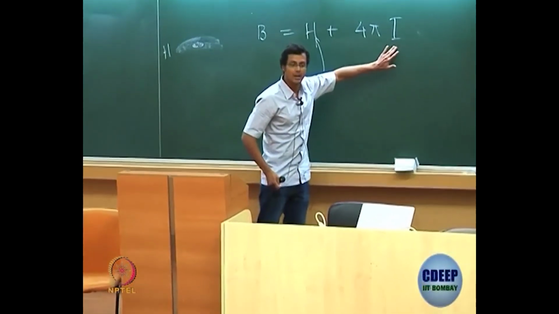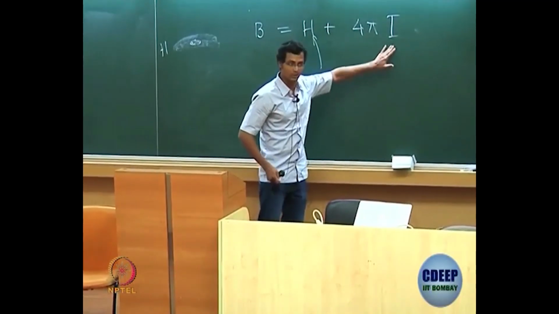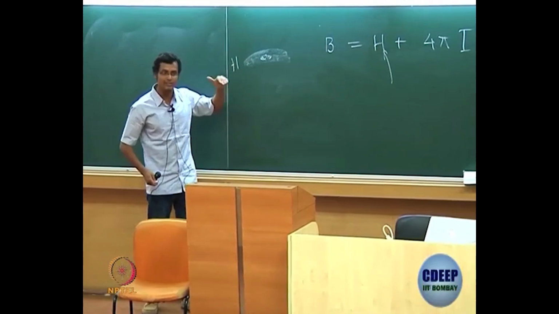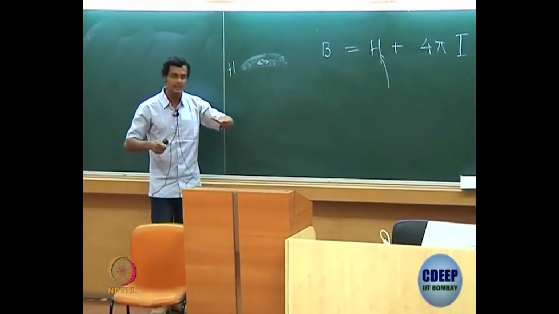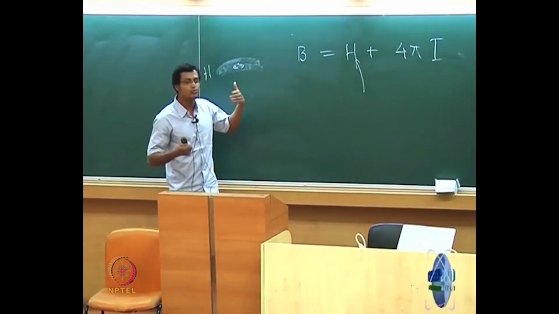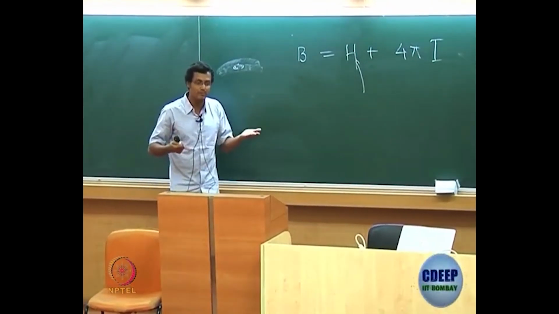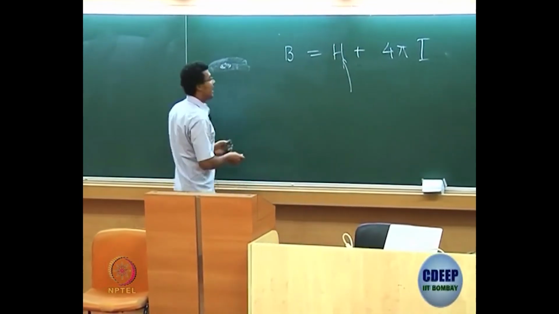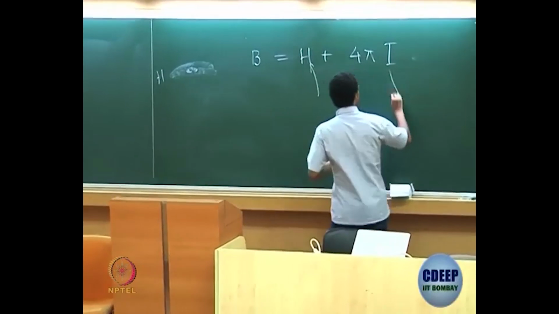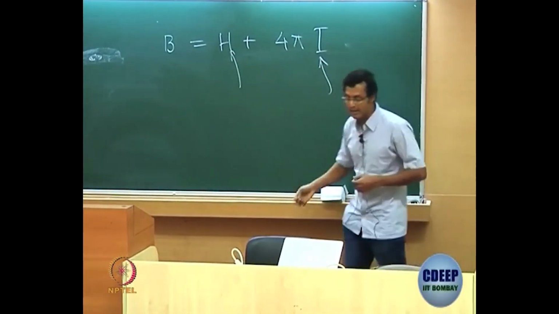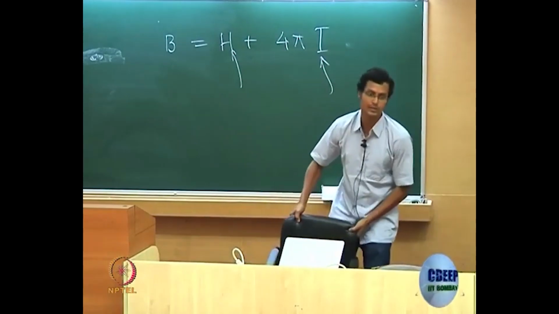That is the term called I. So any species kept in a magnetic field is going to feel the field itself plus its inherent behavior that will try to make it magnetized. So that is the I component, the intensity of magnetization.